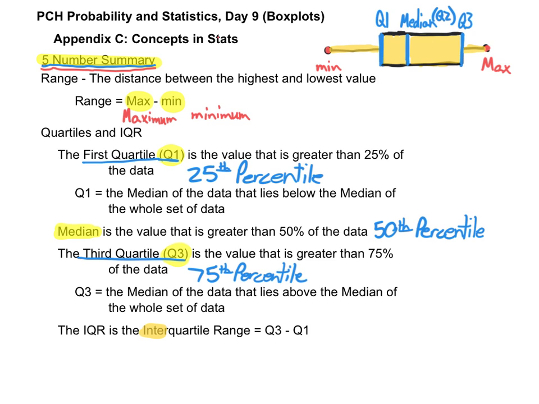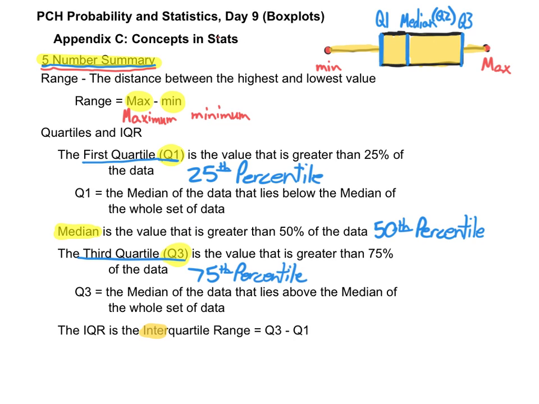Within or between, that kind of an idea. The rest of the word is quartile, right? And we're finding a range, right? So we're finding the range of values between the quartiles, okay?